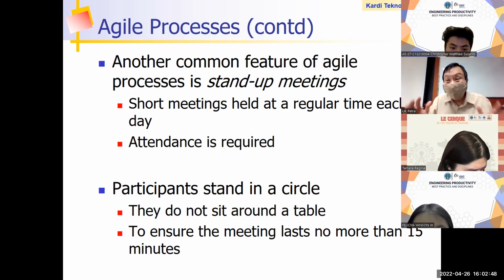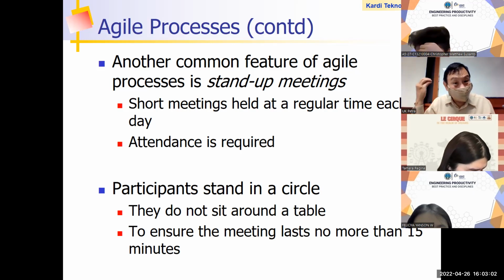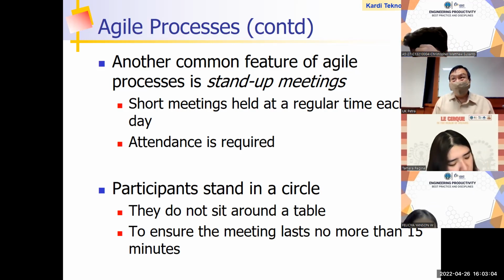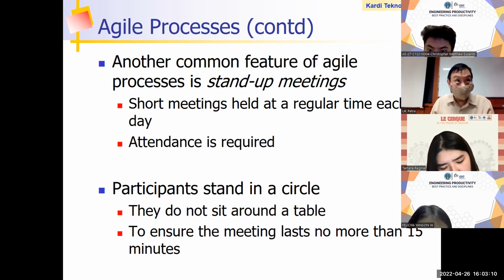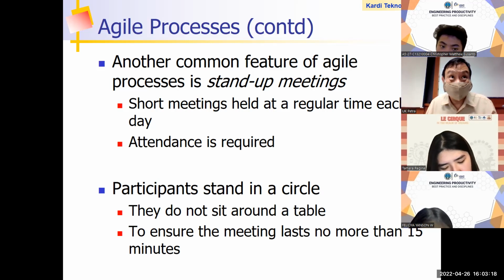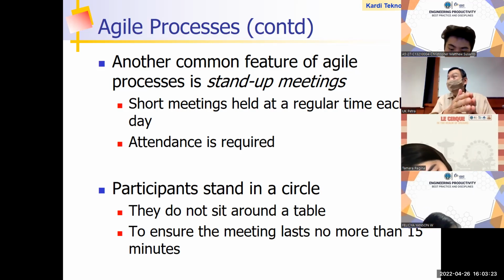So all the developers will stand in a circle, and they will tell what has been done yesterday and what they are going to do today, and then the client will tell them what is needed to be done today. So with this kind of system, the development becomes very fast. And the client, because they are always there, will get the software that they want.